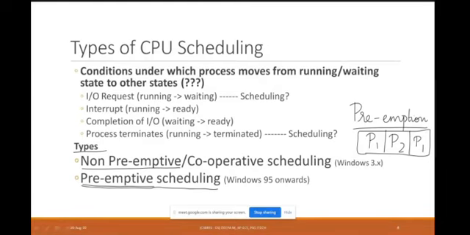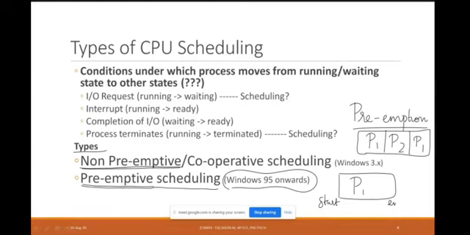This preemptive scheduling came only from Windows 95 onwards. Before that, whatever we had was non-preemptive scheduling. Okay. So what is non-preemptive scheduling? You start with a process P1. I have to complete my process P1. This is my start, I have to end this.